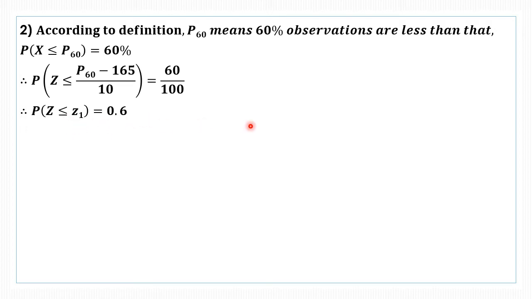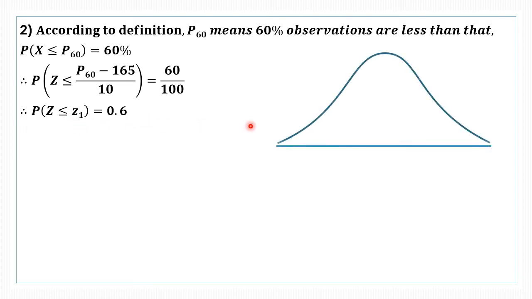Once again, I have to start by drawing my curve. Now z is less than z1, that is 0.6. Whenever z value is less than, we start with negative infinity, and it is 0.6. So naturally, if I start with negative infinity and count up to 0.6, it is going to change the sides, because this part is 0.5 and 0.6 is greater than that.